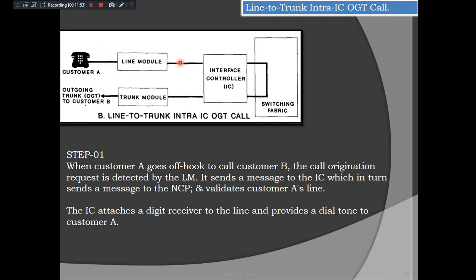After that, it sends a message to the IC, which in turn sends a message to the NCP and validates customer A's line. Then the IC attaches a digit receiver to the line module and provides dial tone to customer A. It will receive the digits, which are sent through the IC to the CP to analyze them.